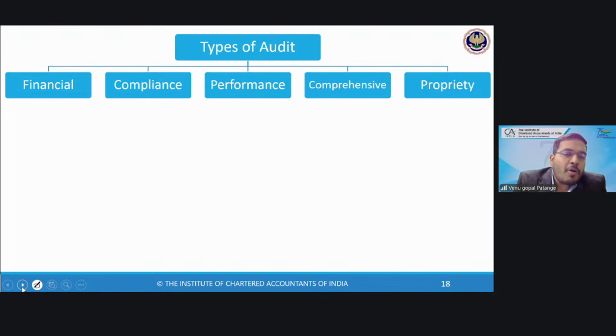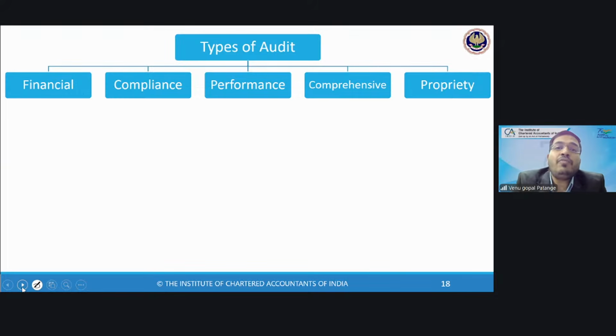While I'm explaining, you can also grasp that this is the criteria, this is the subject matter, this is the subject matter information, and he is the responsible party. How do we classify? Let us say a question is asked: write about the differences between financial and compliance, or write about the differences between financial and performance.